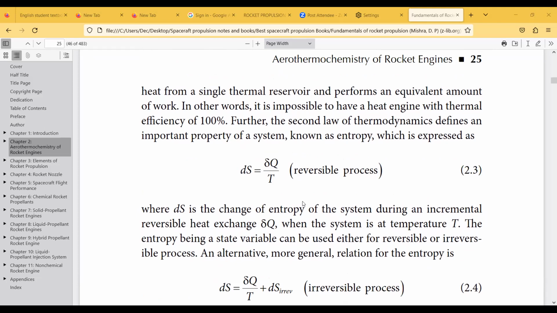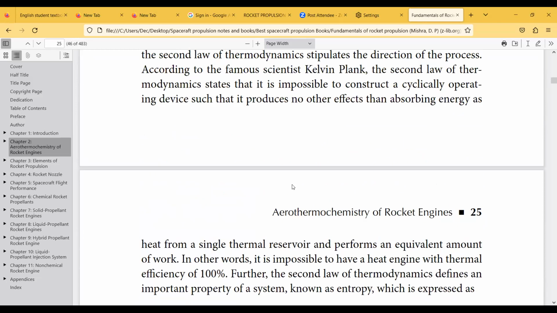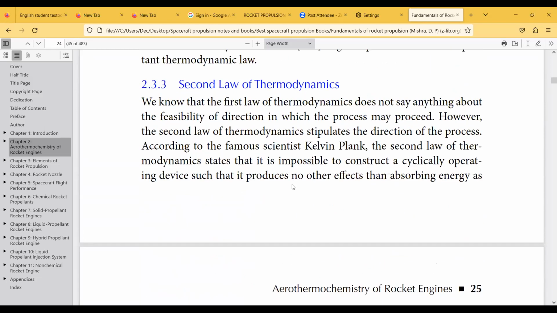Here, the second law of thermodynamics defines an important property relating dS, dQ, and temperature. That is, dS is the entropy. Entropy means the disturbance of the system. When we introduce a small change in heat, it immediately disorders the system that is nearly in equilibrium. So entropy is just a system disturbance.